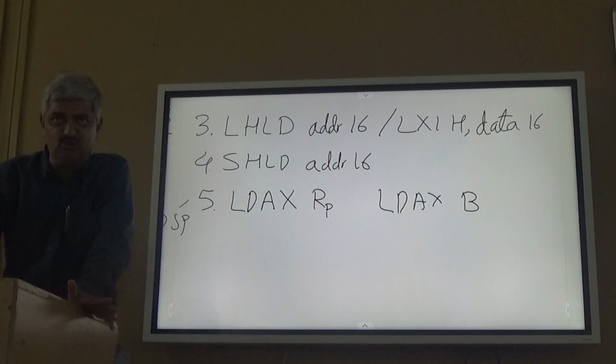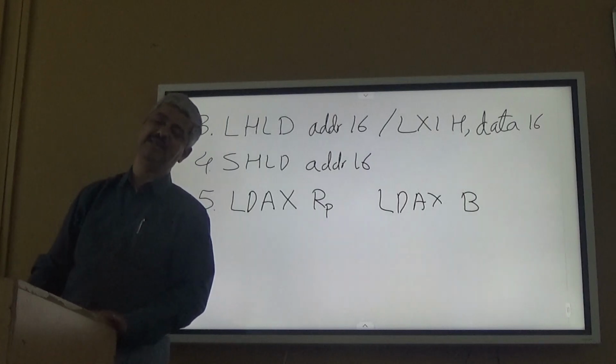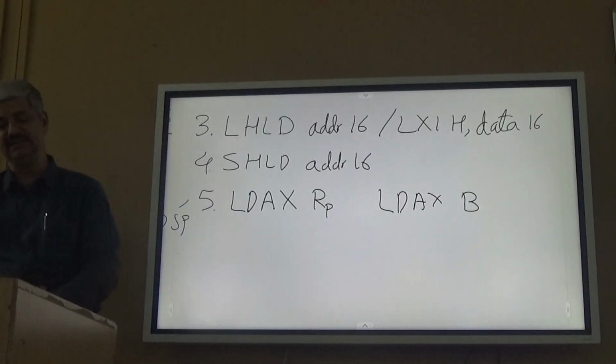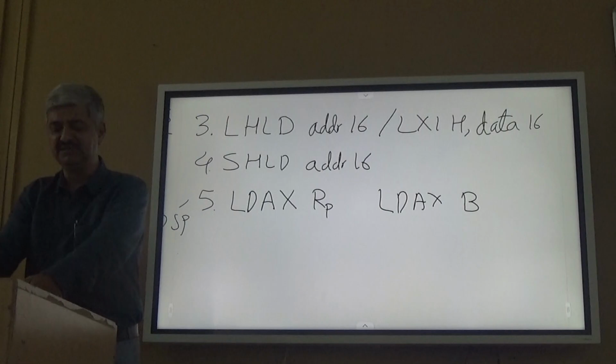At least first it will need to bring the instruction, and then 1 or 2 more. So LDAX B brings the contents of the external memory location for which the BC pair acts as an address.